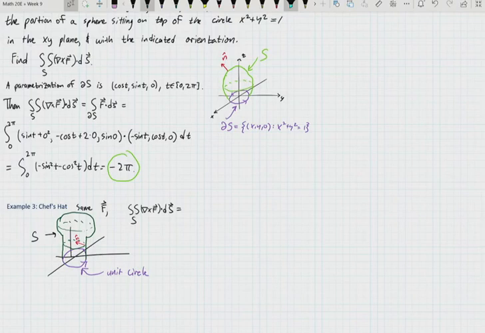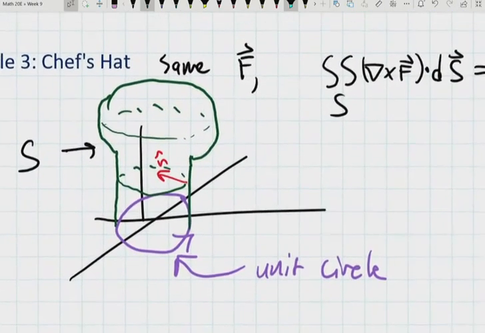Let's see. I stuck the normal vector into the hat. If I had a hat and stuck my hand in, let's see, oh, oops. That has the opposite orientation. So now, according to that orientation, we go around it this way.